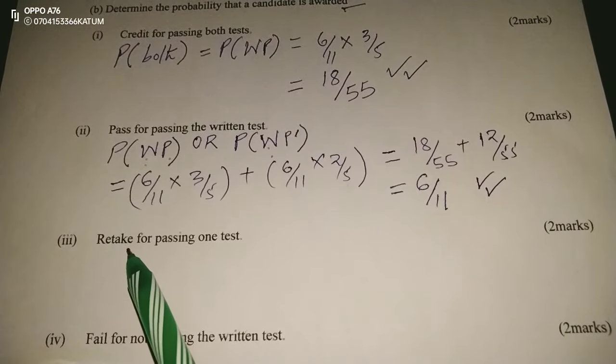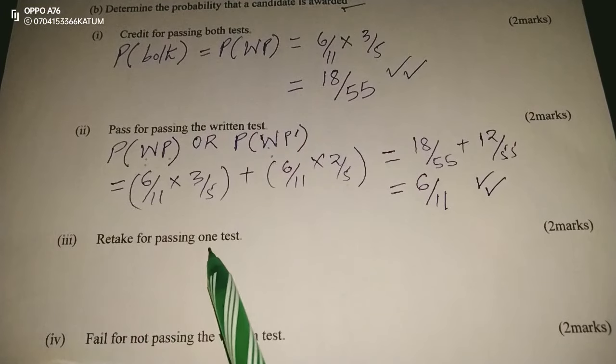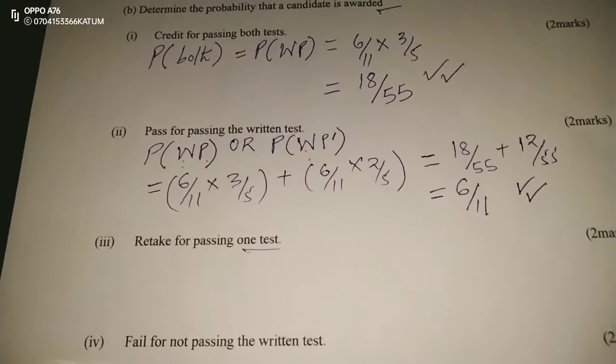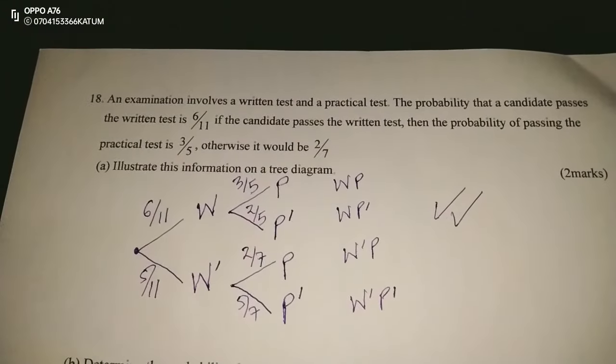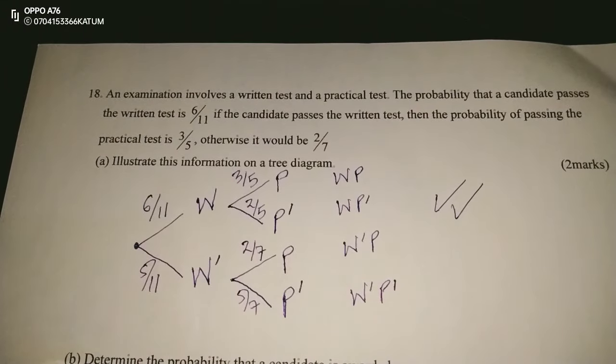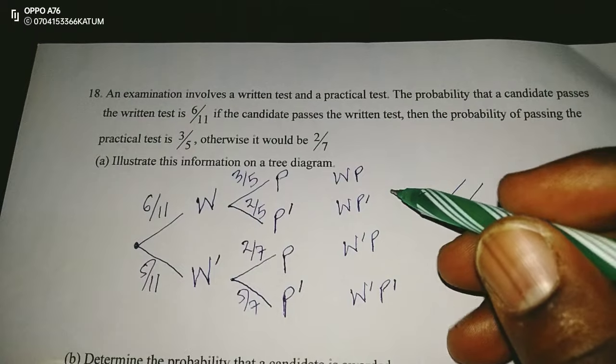The next is retake for passing one. Probability that the student is awarded a retake for passing one test. So when we get back to the possibilities, passing one test, we want the chances whereby it is only one test which has been passed.